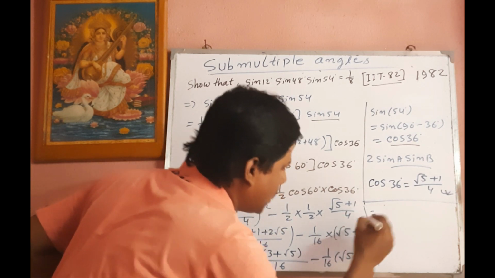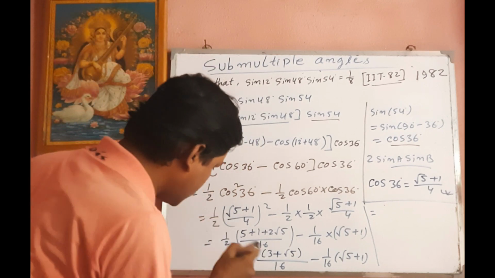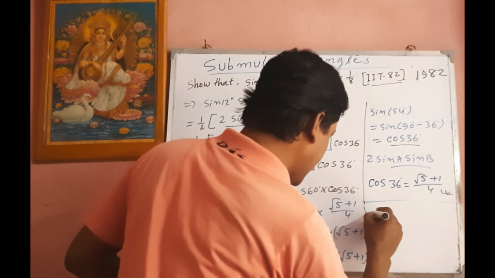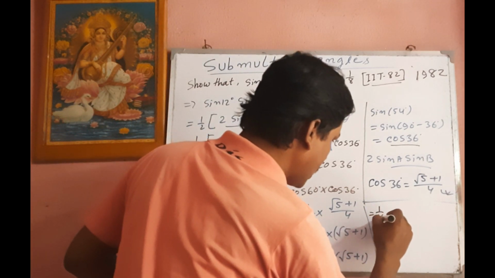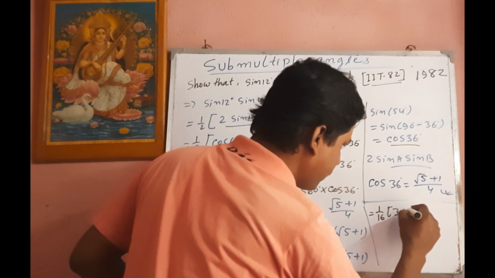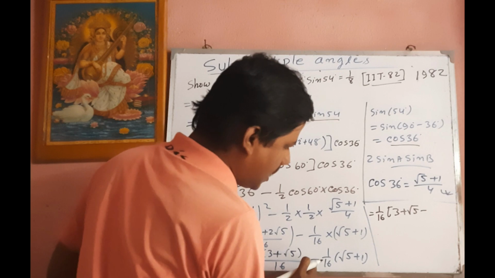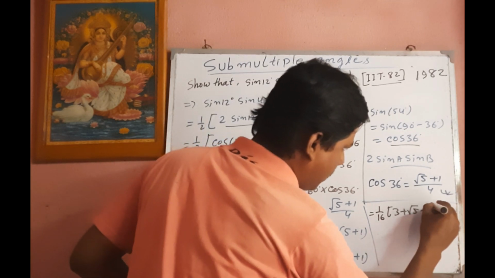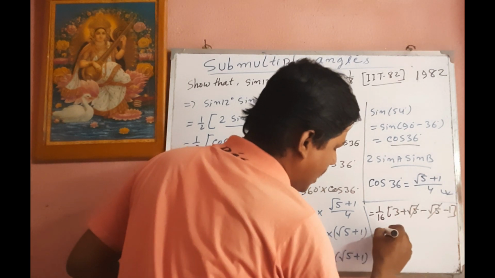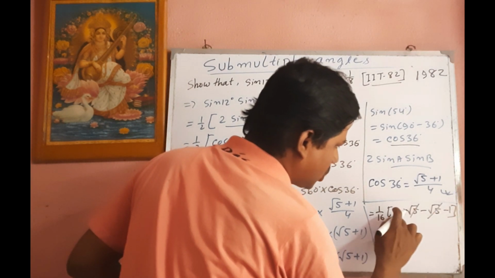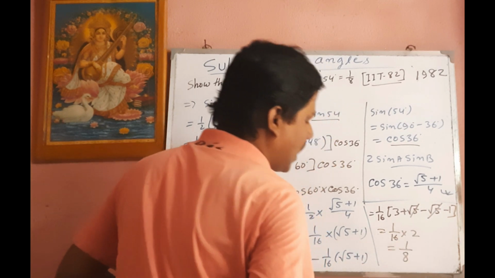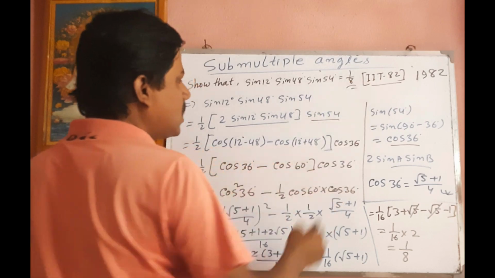Now calculating, the 2 is vanished. Taking 1 by 16 common, we get 3 plus root 5 minus root 5 minus 1. Root 5 is vanished, 1 by 16 and 3 minus 1 is equal to 2. So calculating, 1 by 8 is our result.